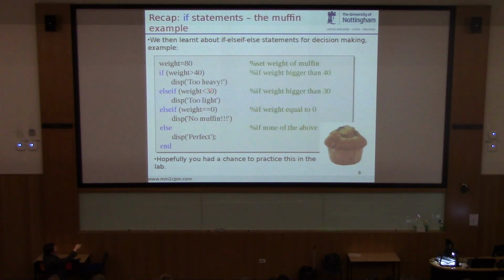Else if weight is smaller than 30, display too light. Else if weight equals 0, there's no muffin. Else disp perfect, so it's the perfect weight for a muffin. We looked at building if, else if, and else statements in the class, and we had a little play at that. And I hope you've had a go at that in the examples class.